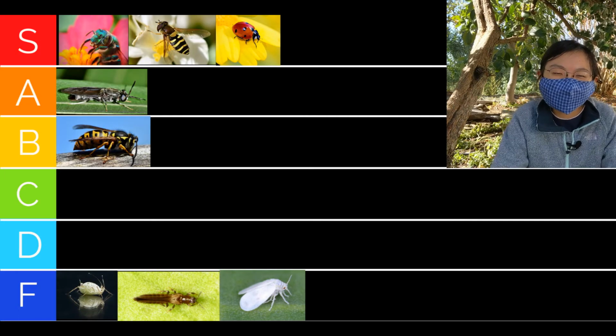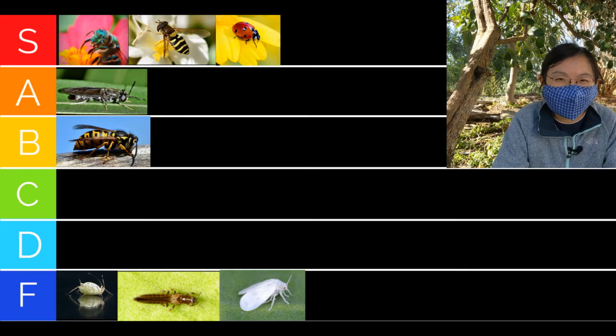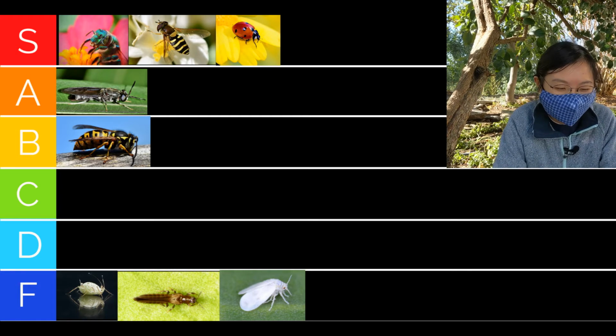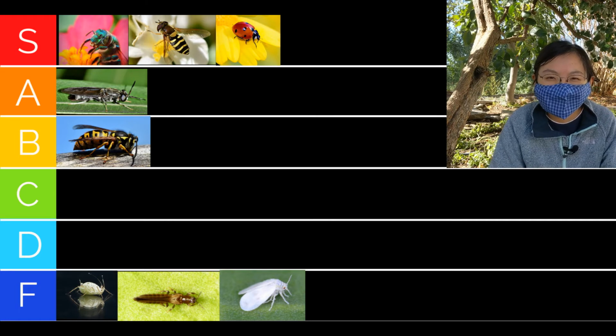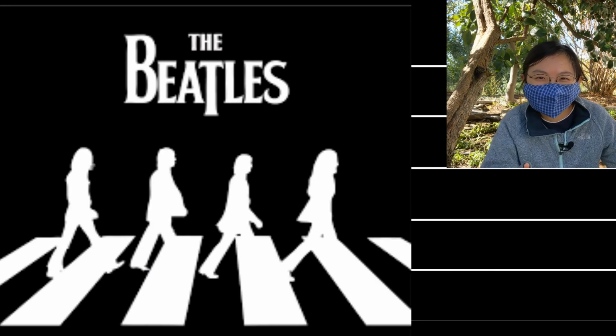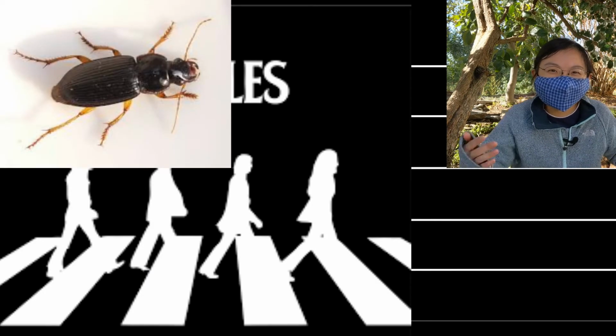So for C tier, it's not really going to be one insect. It's going to be a whole group of insects. This is going to be really general because they're such a huge group, but it's the beetles. Not that beetles, this beetles.